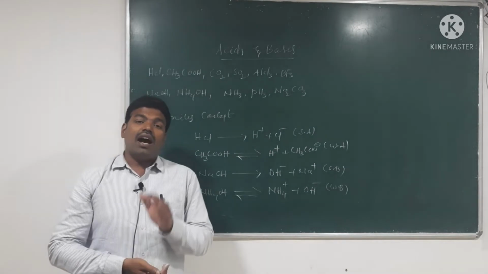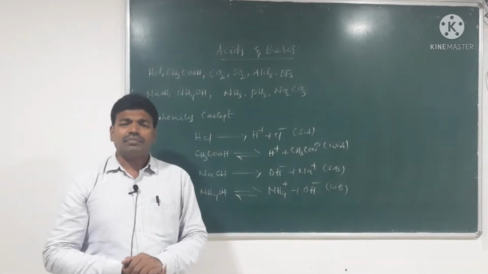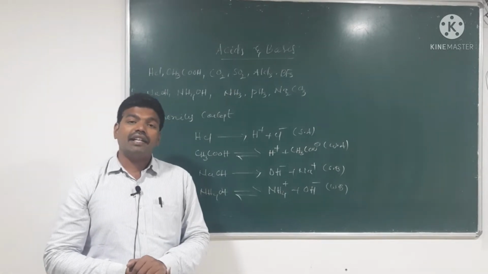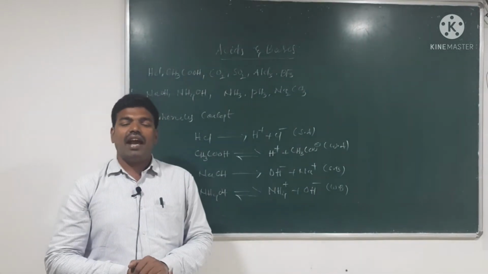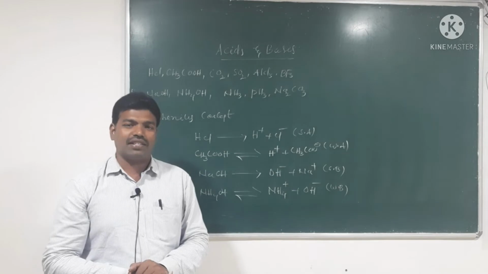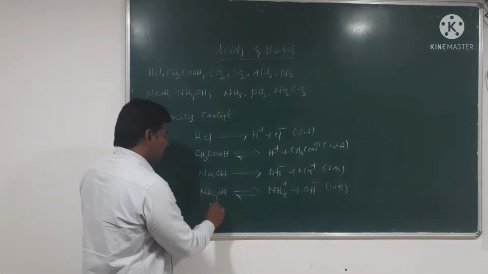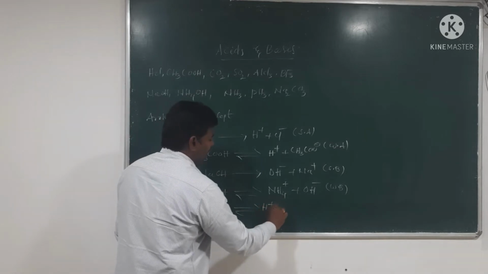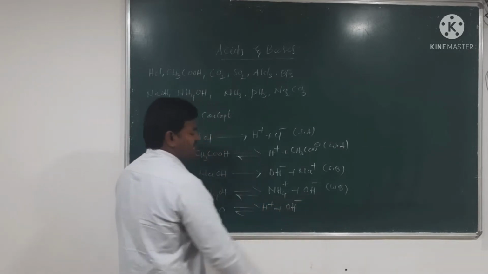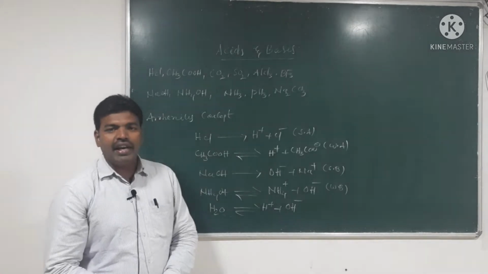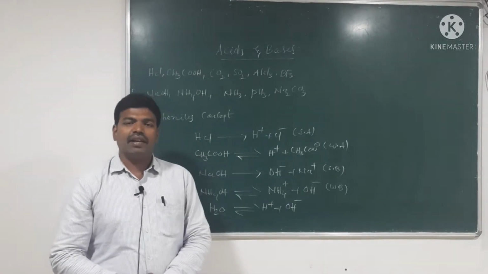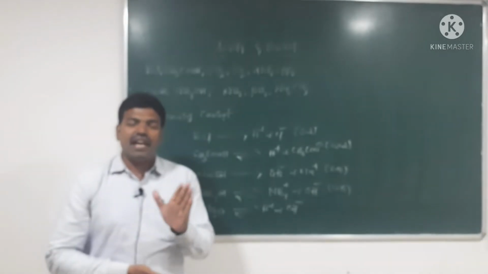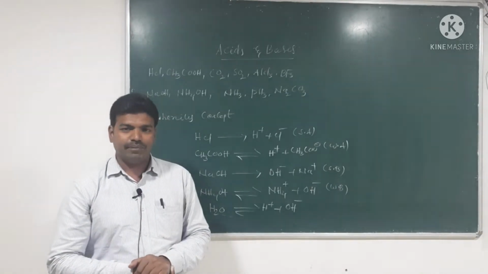And Arrhenius stated that water is an amphoteric substance because it furnishes H plus ions and OH minus ions. And moreover, Arrhenius said that a neutralization reaction is the reaction between H plus and OH minus ions.